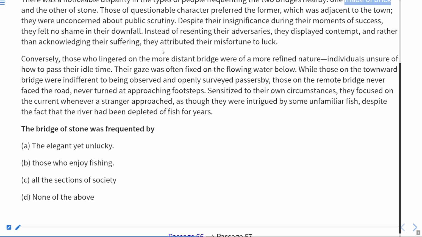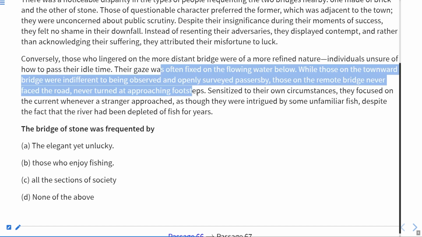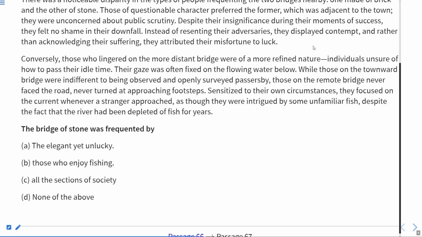Those who lingered on the more distant bridge, it means that bridge that was made of stone. So here the question is about the bridge of stone. If we talk about these kinds of people, we have to look at paragraph number 2. They were of a more refined nature. So the stone bridge was frequented by the elegant yet unlucky.